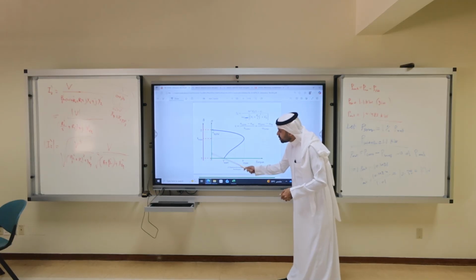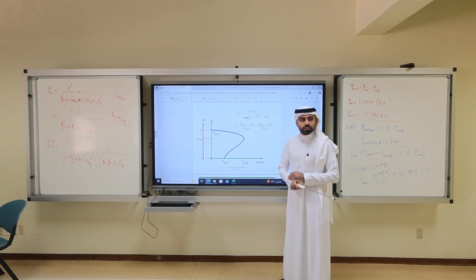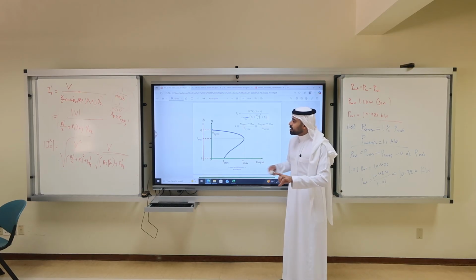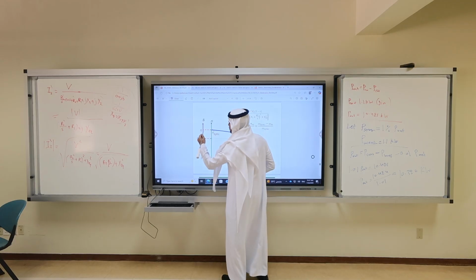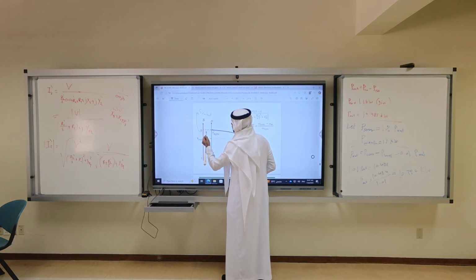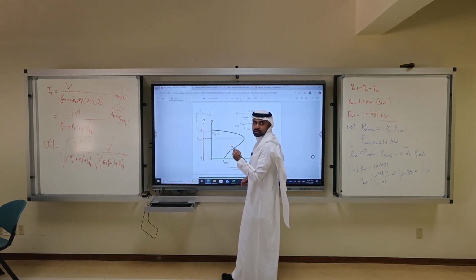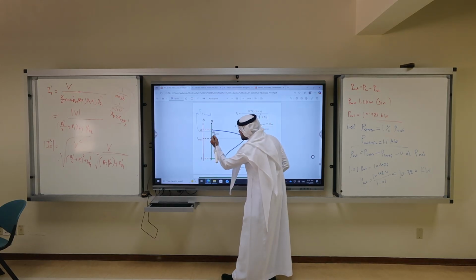Is it here? Is it here? Where? Not in max. It is here. Here we call it slip rated or full load or by design, which gives you this speed. Maybe this is 1800, this is 1710. So you operate at this rated torque.